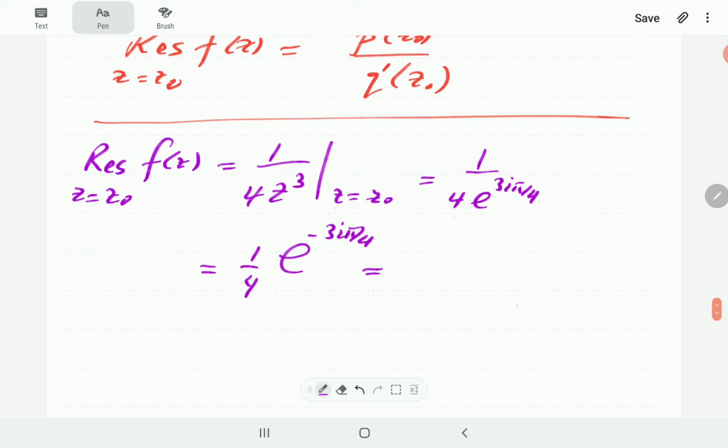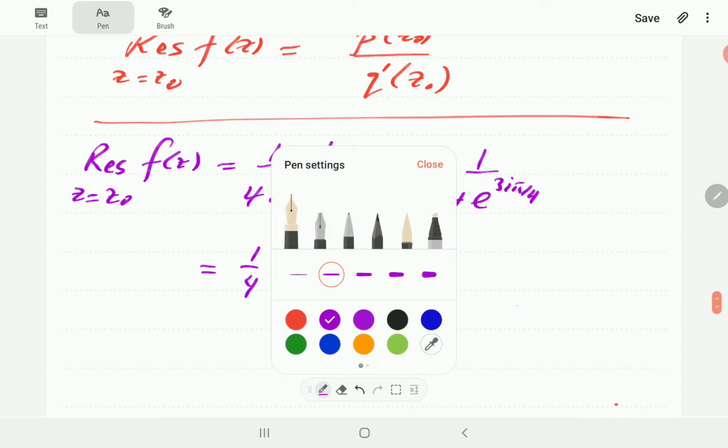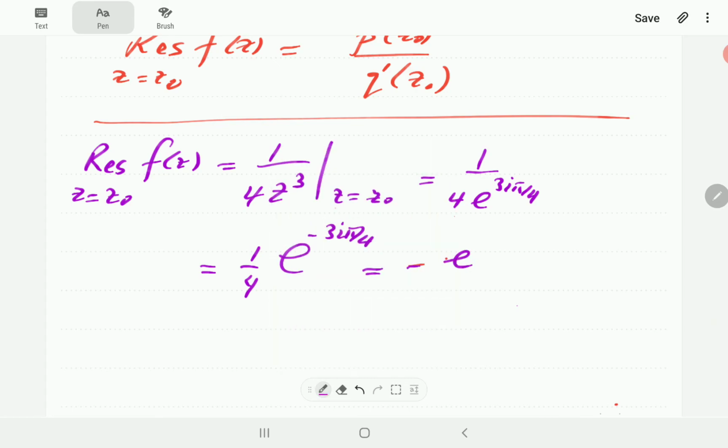If we take that thing to the numerator, moreover, if we factor out the negative here, then we can write that as negative e to the pi I over 4 all over 4.